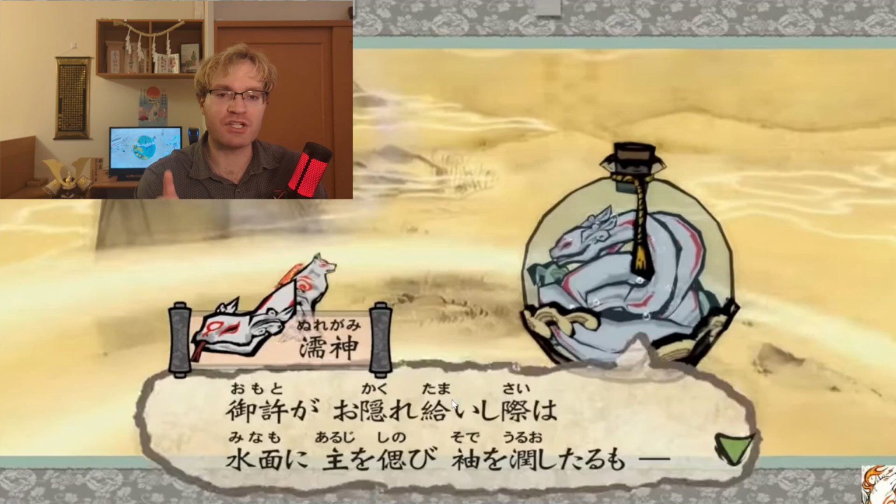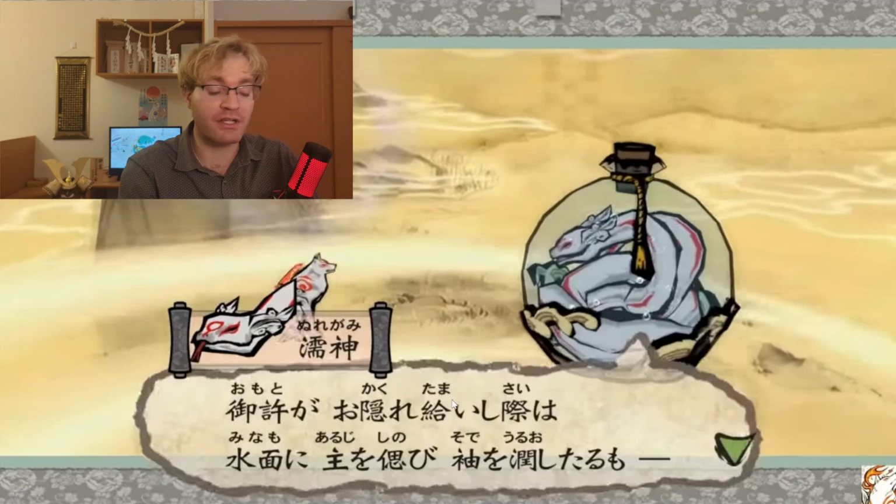This is basically just an honorific thing that you stick on the end of verbs to make it, well, honorific. I don't know how many more times I can say honorific. You're probably getting sick of it. So, o kakure tamai, okay, is honorifically hide yourself, i.e. honorifically passed away.